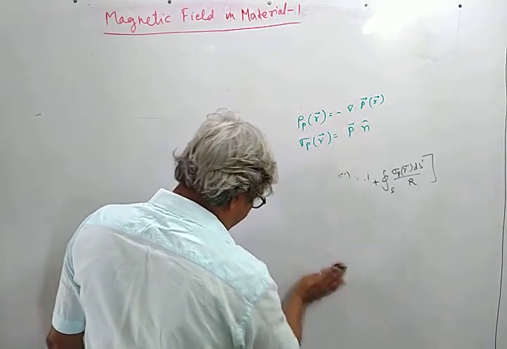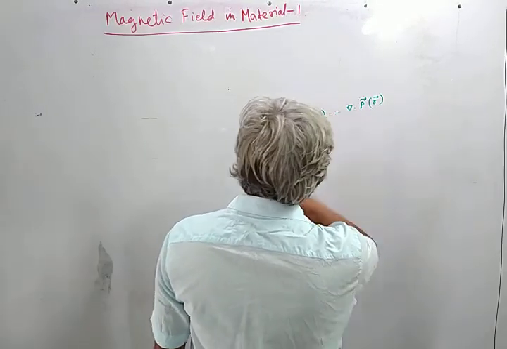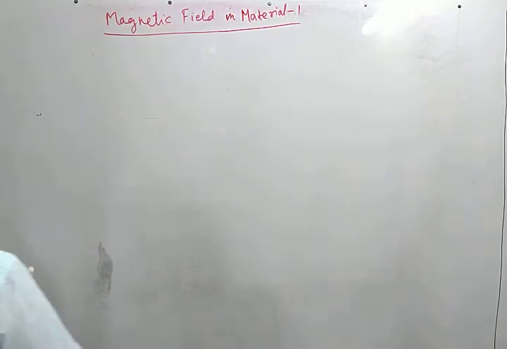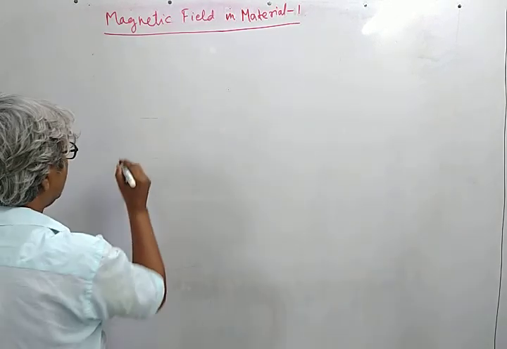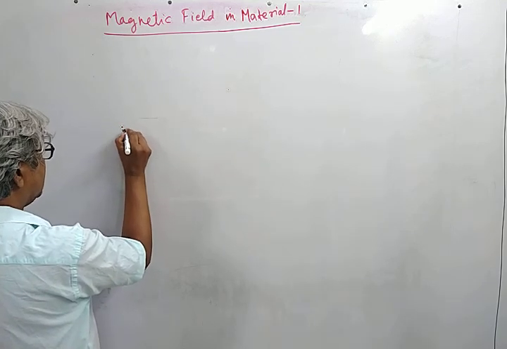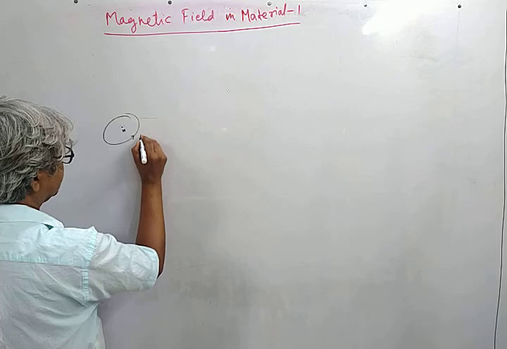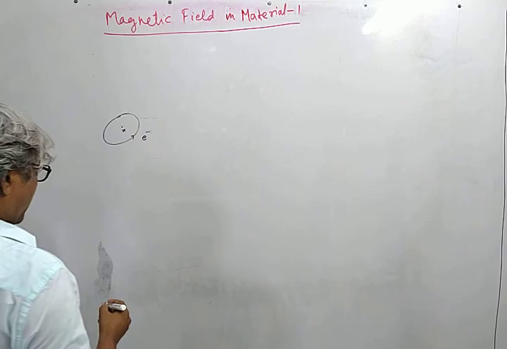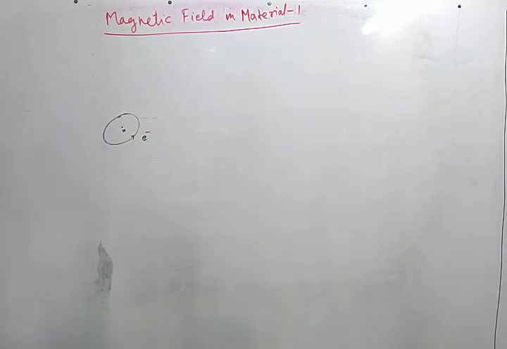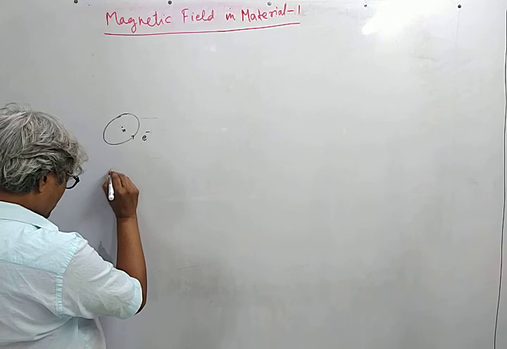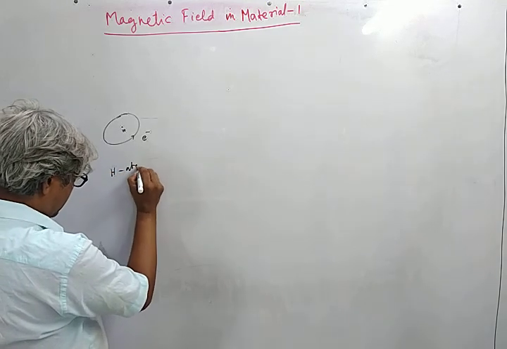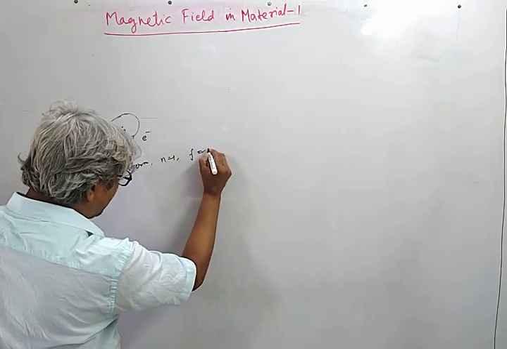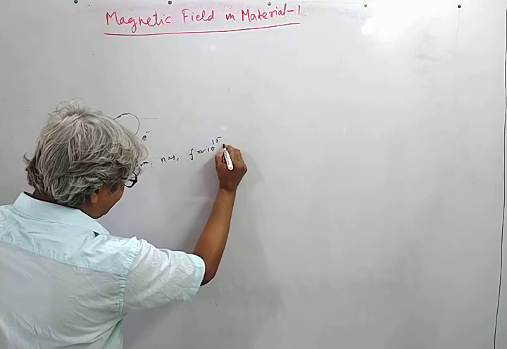If we consider a material, the material is ultimately composed of atoms, and in atoms we have electrons which revolve around the nucleus. This is the nucleus, and the electron revolves around the nucleus in a closed orbit. For a hydrogenic electron in n equal to 1, for the hydrogen atom in the n equal to 1 state, the frequency is of the order of 10 to the power 15 Hertz.